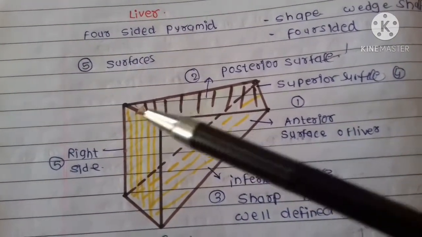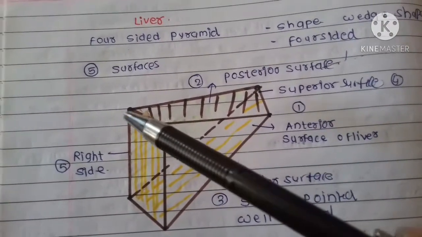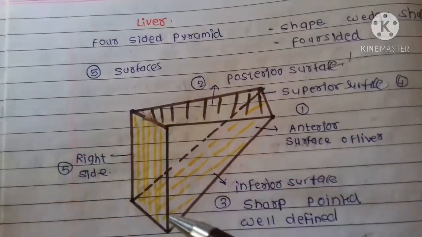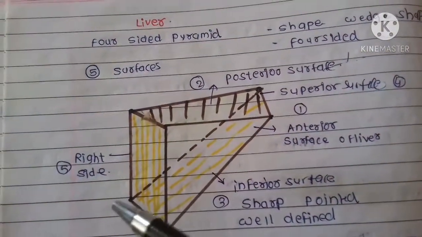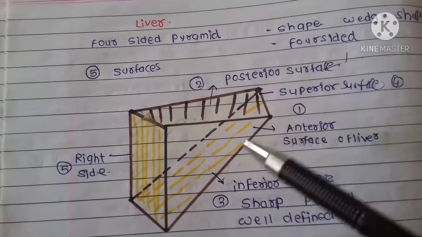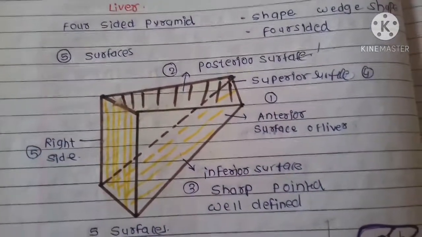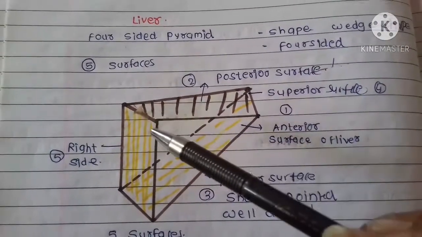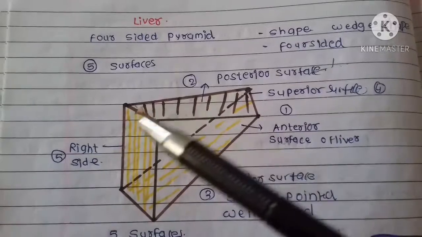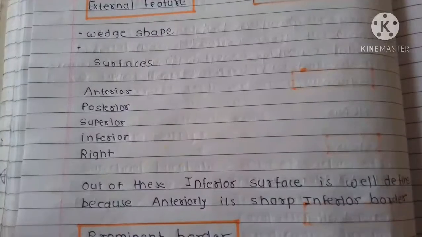Now that brown color marking is the superior surface of liver, and this is the right surface of liver. Now this yellow color marking is the inferior surface of the liver. That are 5 surfaces of liver: anterior, posterior, superior, right surface and inferior surface.